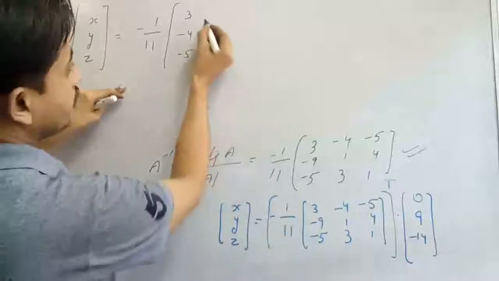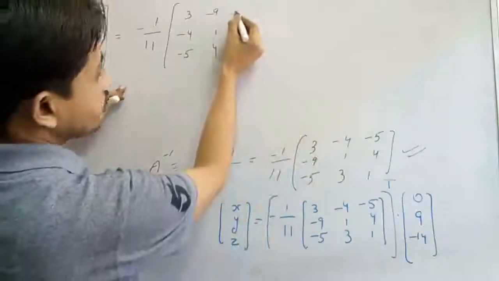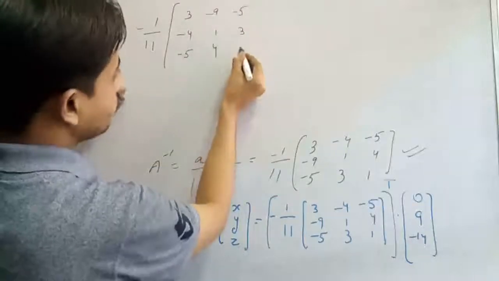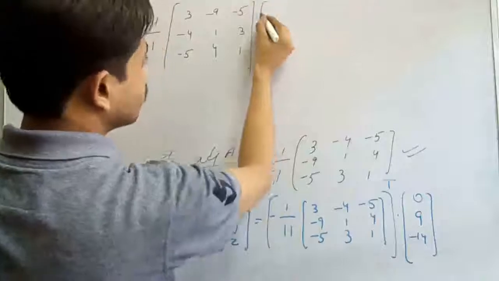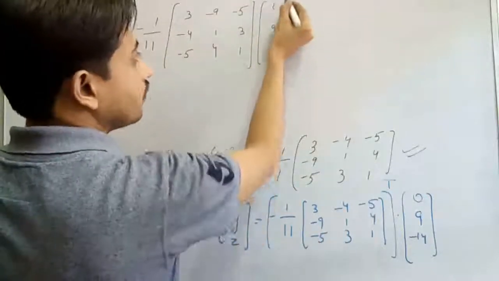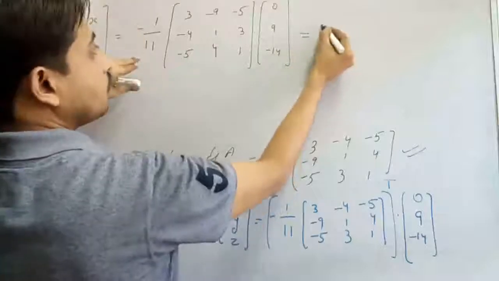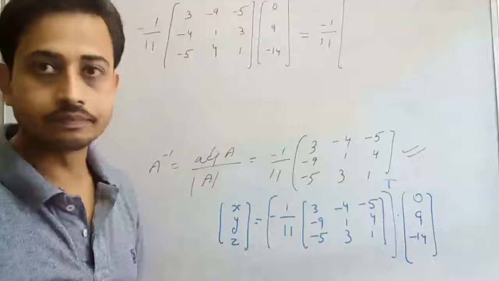Second row is -9, 1, 4. Third row is -5, 3, 1. And B is 0, 9, -14. We have to solve this. Now please solve minus 1 by 11. Now do the multiplication.